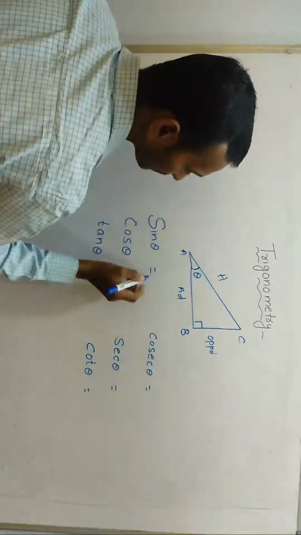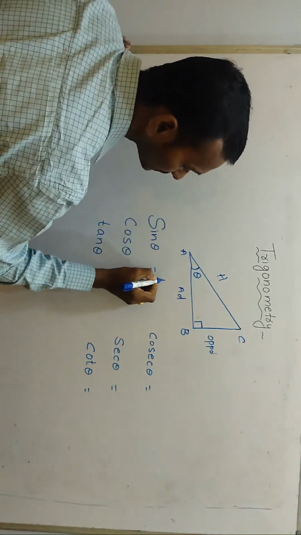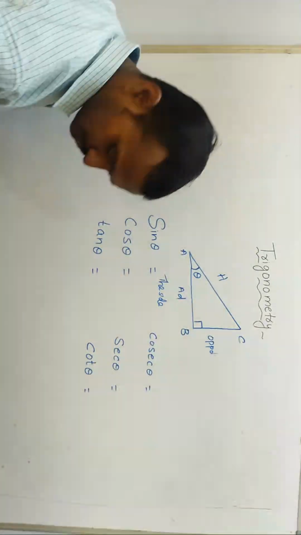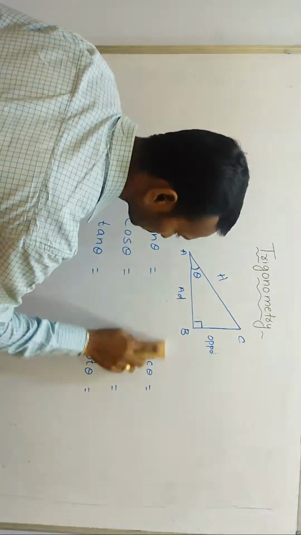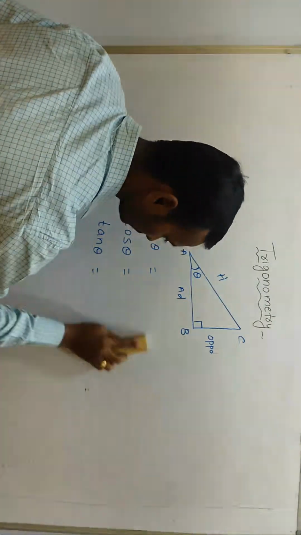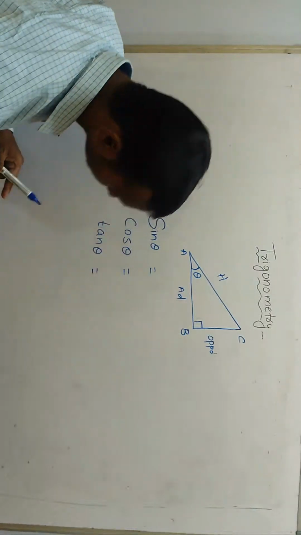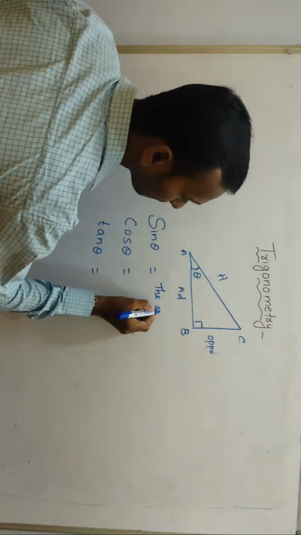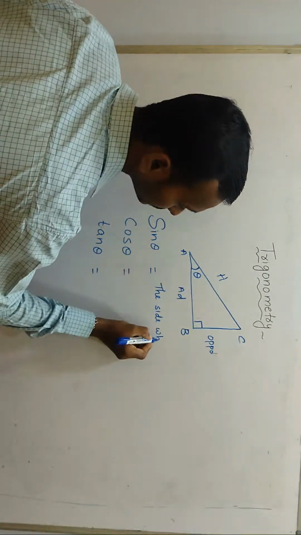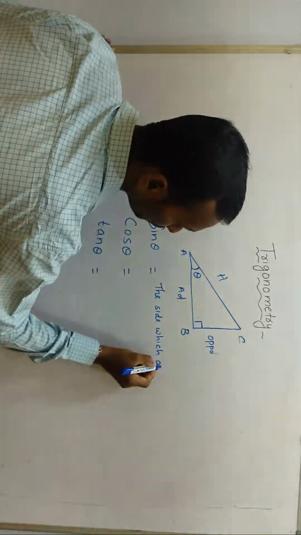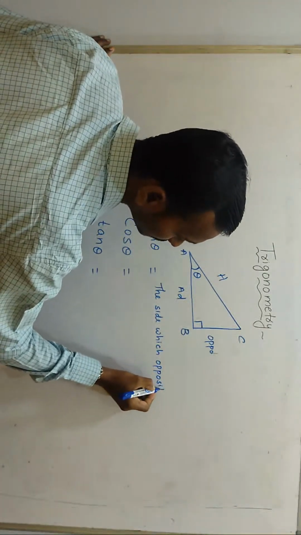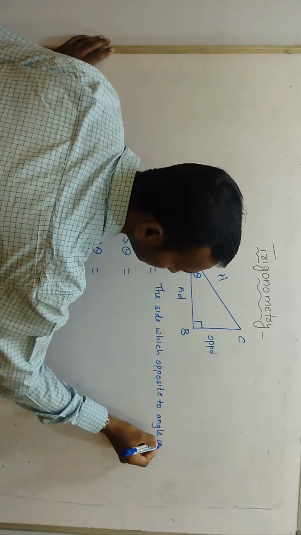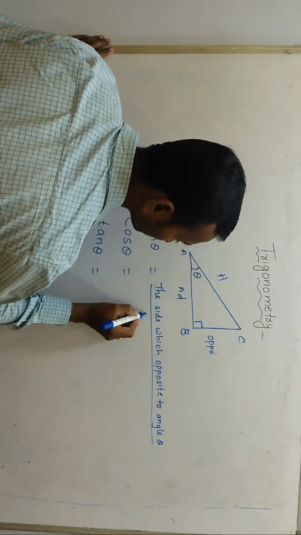So sin theta is nothing but the side which is opposite to angle theta by the hypotenuse.